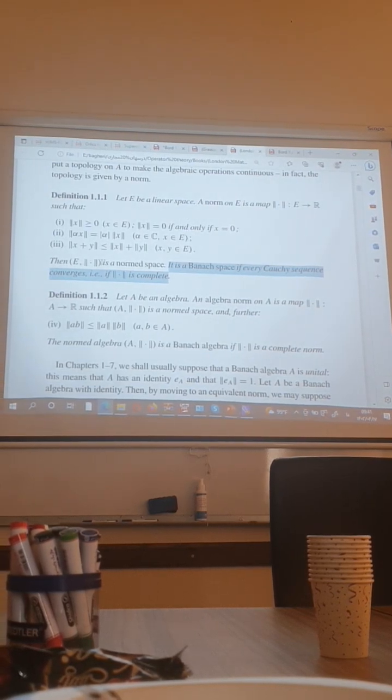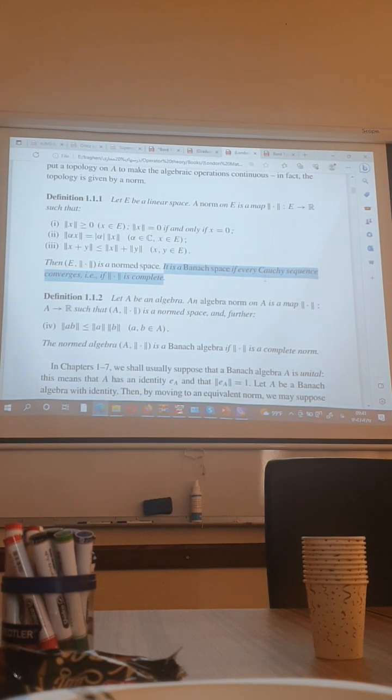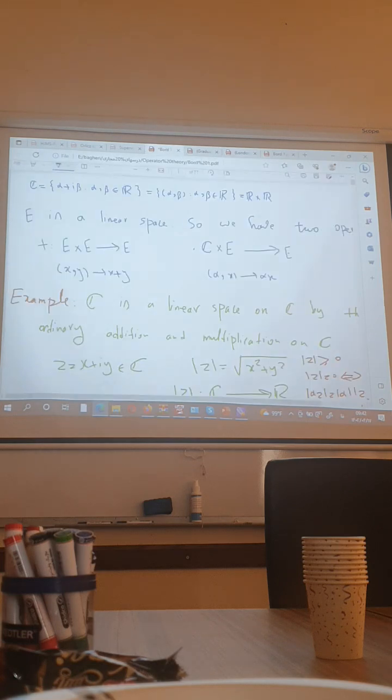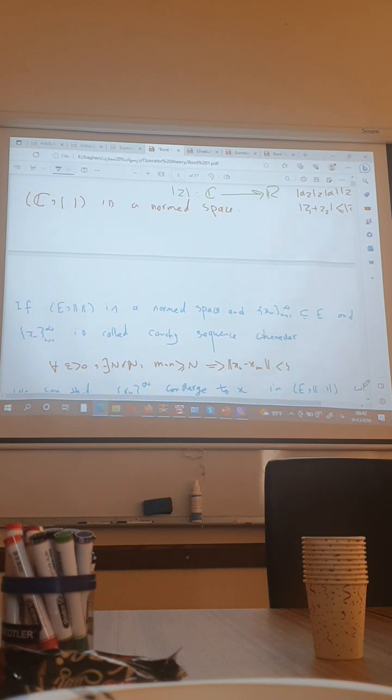This normed space is a Banach space if every Cauchy sequence converges. But what is the Cauchy sequence? I write for you the definition of Cauchy sequence.